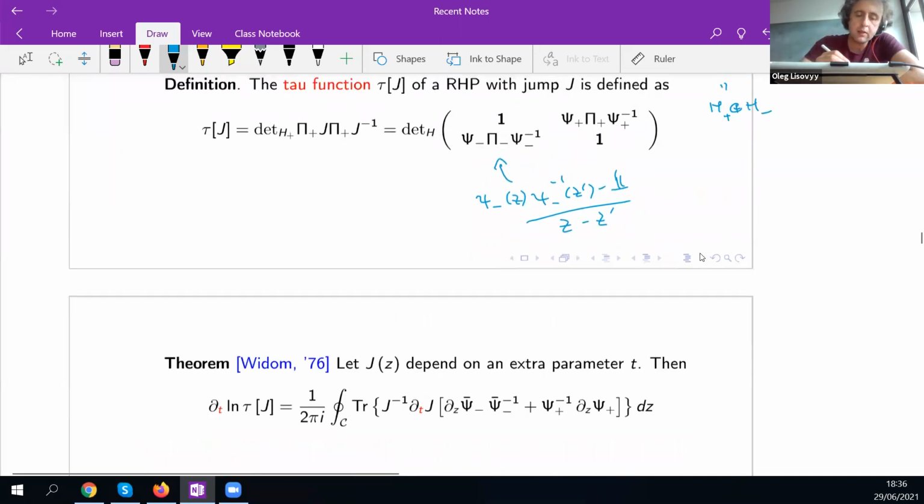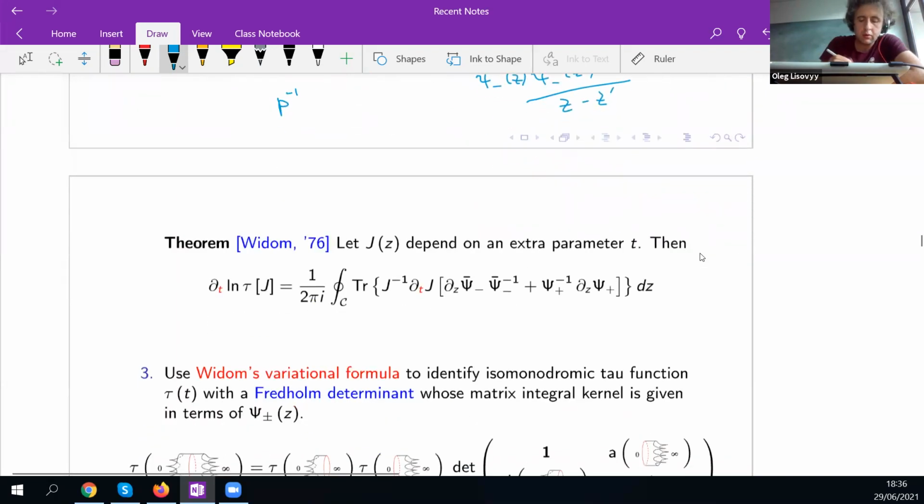It basically uses the fact that these operators, let's call them P and Q, we can find explicit inverses of these operators, and therefore, in order to compute the derivative of something like the determinant of PQ, we just have to take the trace of something like P inverse times the derivative of P plus the derivative of Q times Q inverse.